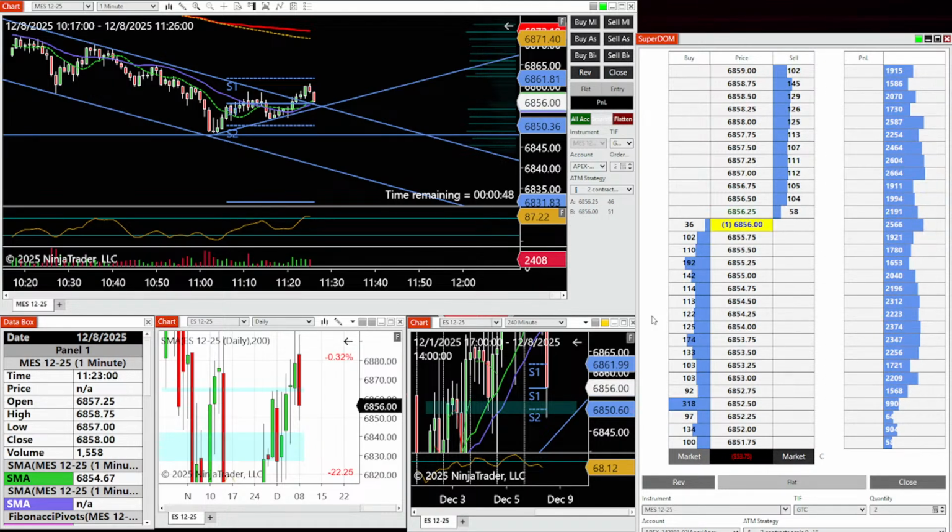Let's see where it pulls back to. Does it stay above this pivot?